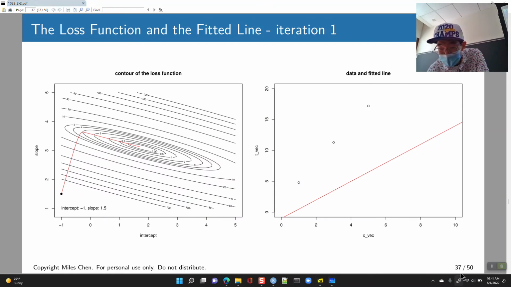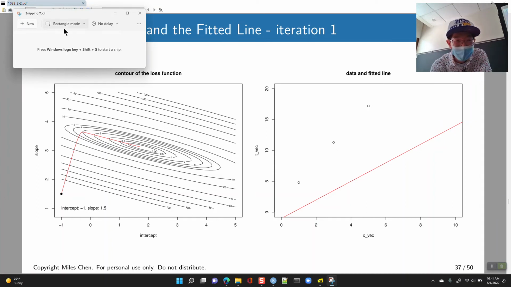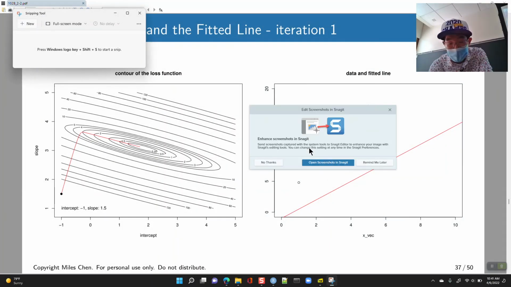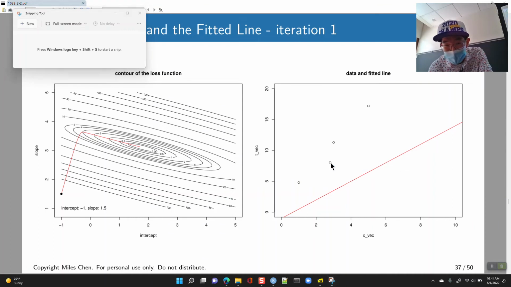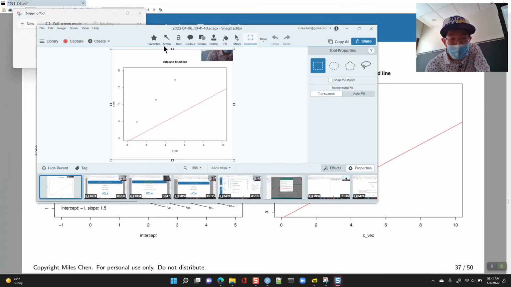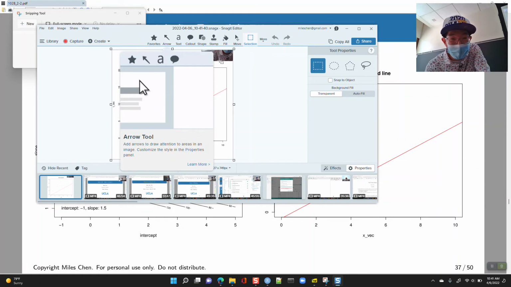Oh, this is taking too long. I just want to draw on my screen. Okay, let's do full screen. Windows key Shift S. Did that work? Draw a shape to create a snip. Oh my gosh. Can I just draw on this? No, I probably can't. Okay, never mind.